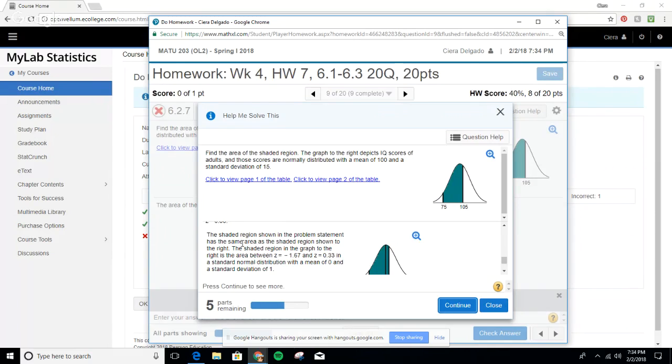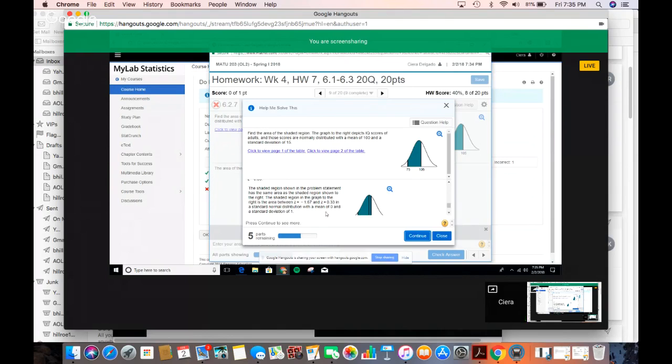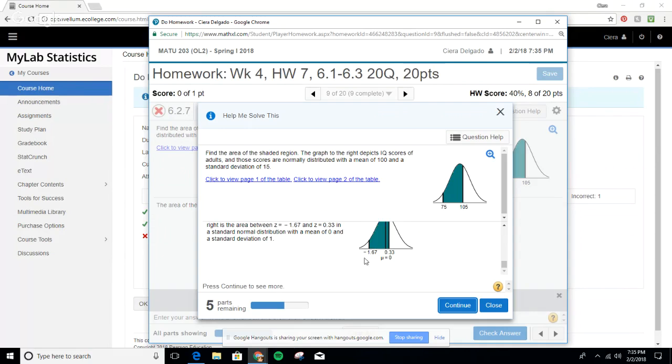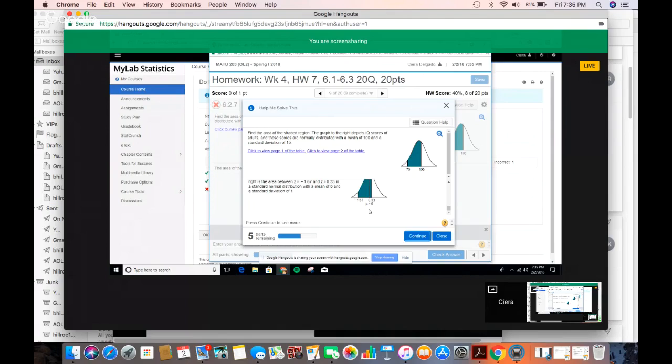Okay, so let's keep going. The shaded region shown in the problem statement has the same area as the shaded region shown to the right. The shaded region in the graph to the right is the area between z equals negative 1.67 and z equals 0.33, on the standard normal distribution with mean 0 and standard deviation 1.